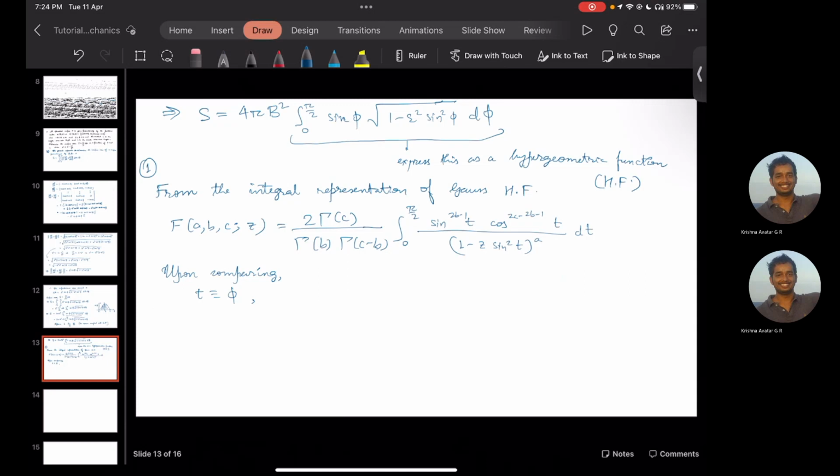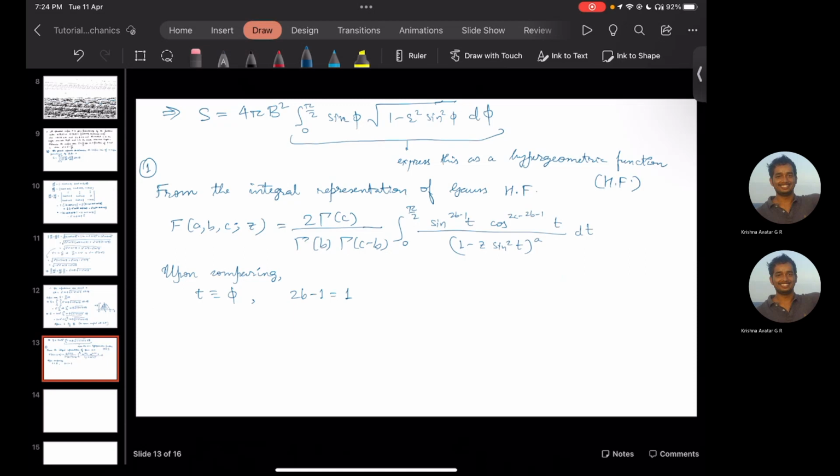Now let's match the terms. This term here is very similar to this one. Here it is sine phi, and here it is sine raised to the power 2b minus 1 of t. So by comparing this, we can say that 2b minus 1 is equal to 1.